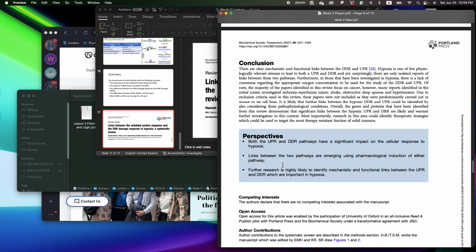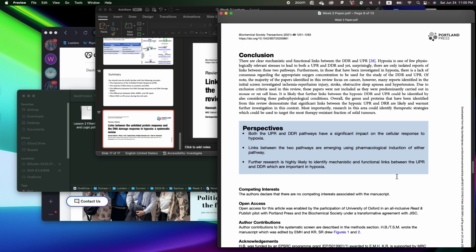And there are links between the two pathways that are emerging in studies that use pharmacological induction of redox stress. They're saying that further research is highly likely to identify mechanistic and functional links between UPR and DDR, which are important in hypoxia. So that's the TLDR on it.